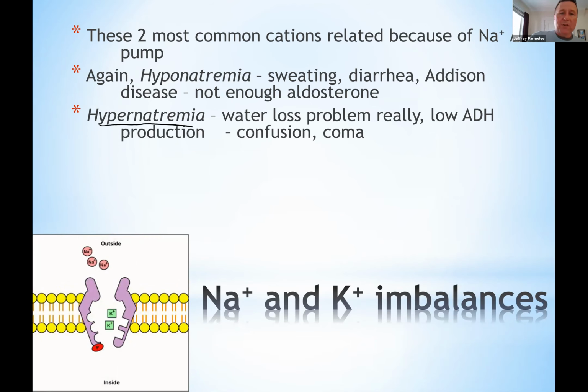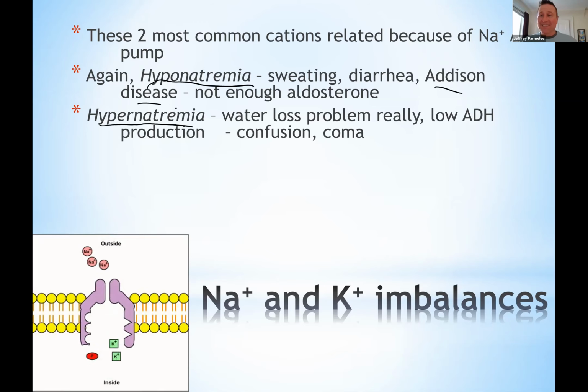And so like hyponatremia, I talked about drinking too much. If you remember Addison's disease, we talked about Cushing's and Addison's disease in terms of cortisol, but your adrenal glands, if they don't make enough hormones, they don't make enough cortisol and aldosterone. That's one of them too from the adrenal cortex. And aldosterone is what makes you retain sodium in your kidney tubes.